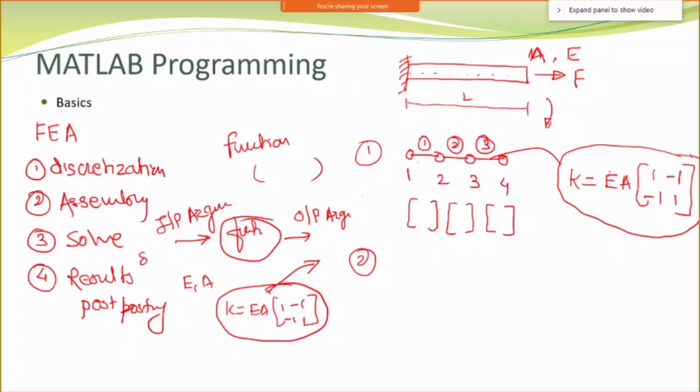In the same way, we can have one function which will determine the stiffness of the element. That is the first thing. After that I get multiple stiffness matrices, 1, 2, 3, maybe 4, 5, and I want to assemble them. How are we going to connect them? Node 2 is common to element 1 and element 2, so obviously I need to have this equation, and it should be added.